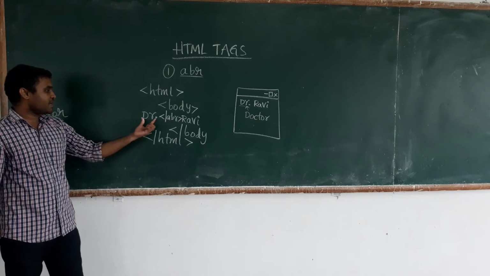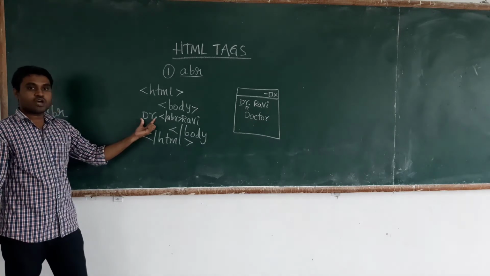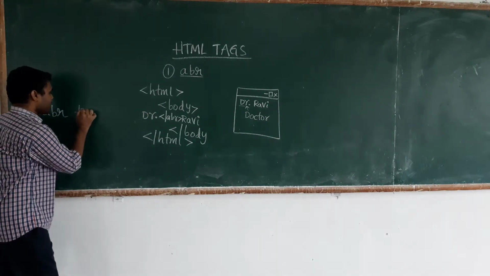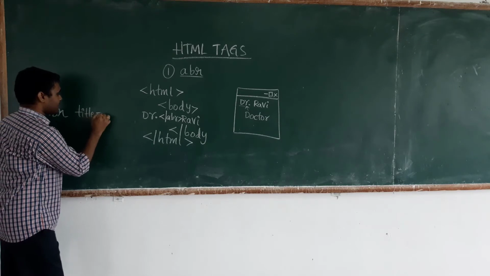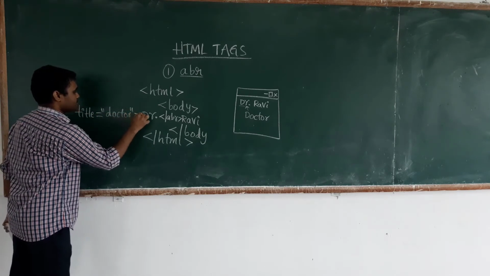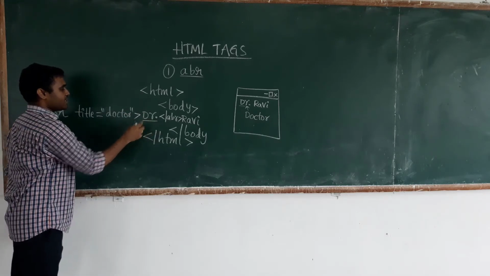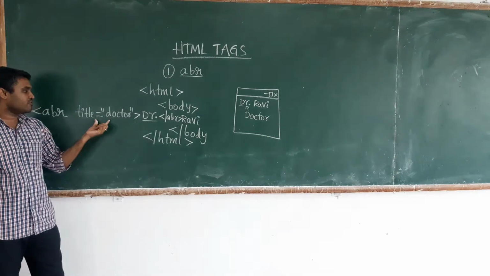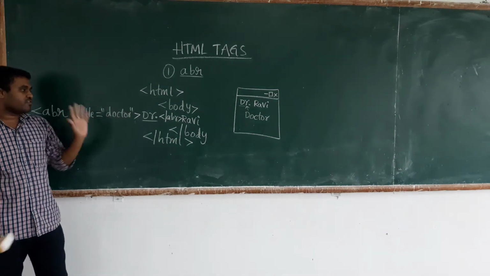Whenever the user places the cursor on this, the abbreviated text doctor should be displayed. So in such cases, I am taking an attribute called title equal to doctor. So this is the abbreviated text. Whenever the user places the cursor on this abbreviated text, the doctor will be displayed on the screen. So this is the first tag.